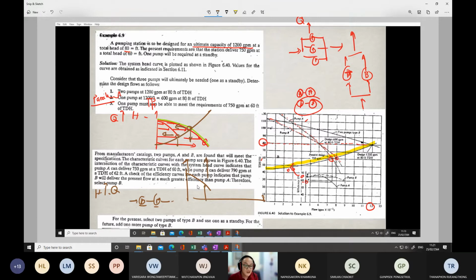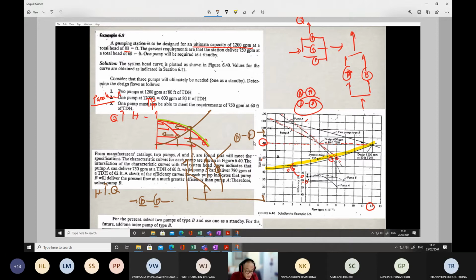So this is just the original pump curve, and then this one is just double. Once we double this curve, we will get the curve for the two pumps connected in series. So this is how we select pumps if we don't find any pump that matches our requirement.